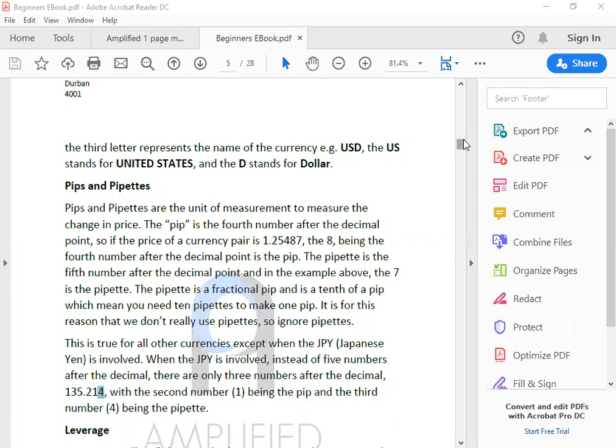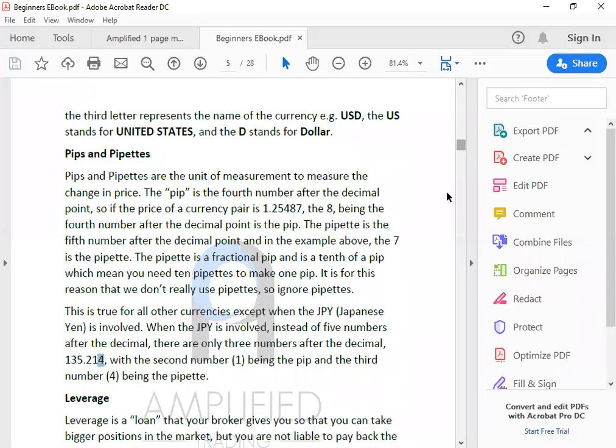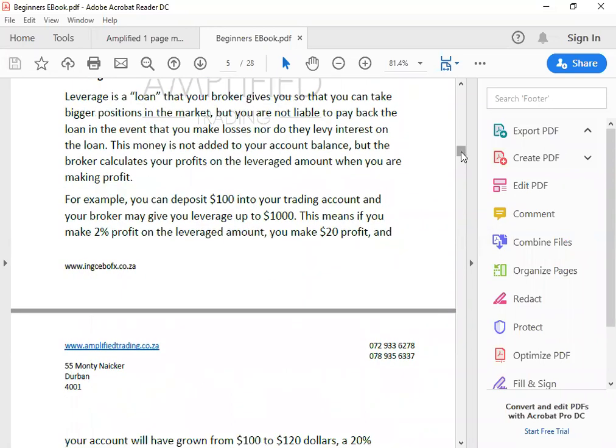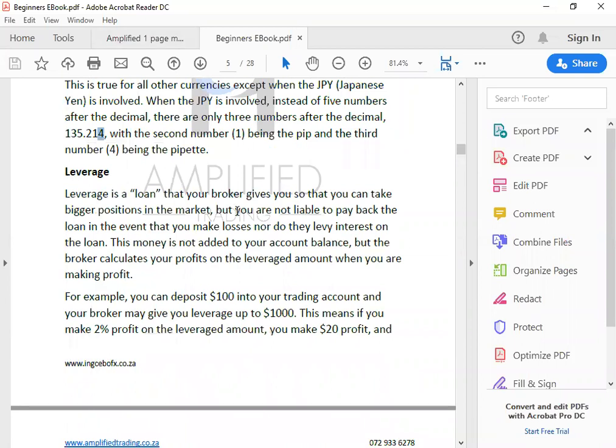Then you'll see how different it is from other markets when it comes to anything involving the Japanese yen, in terms of the way it's numbered. You don't want to get too confused about that because it's a very basic and simple concept once you actually see it. When you're thinking about it, it can be a bit confusing, but when you see it on your charts, it just makes sense.